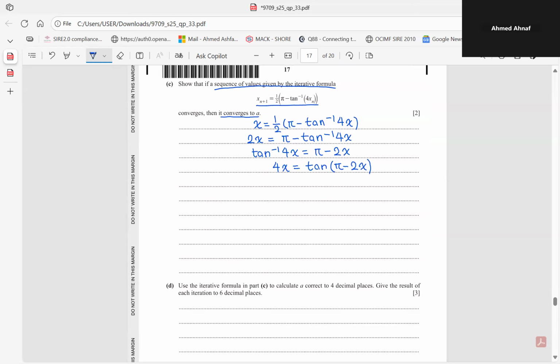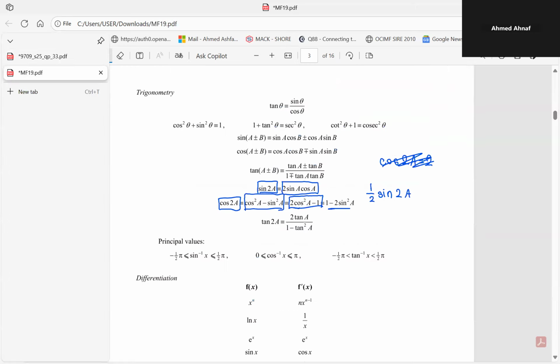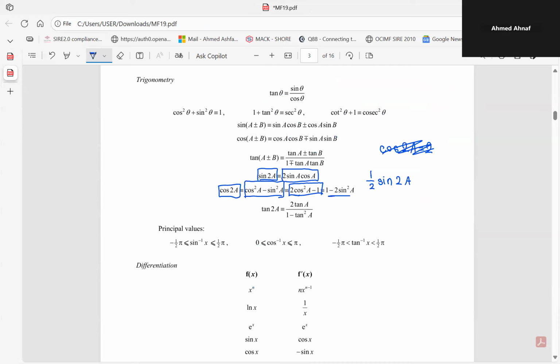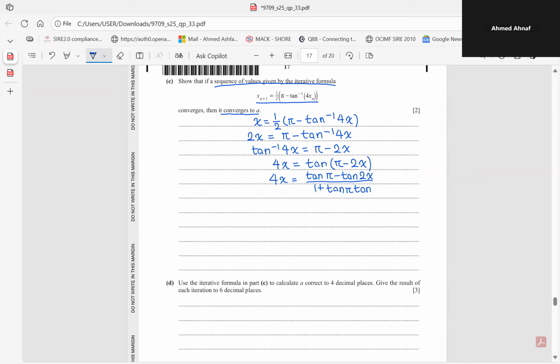All right, so for this, to simplify, you can use the tangent subtraction formula. So tangent of A minus B is equal to tangent A minus tangent B over 1 plus tangent A tangent B. So this is tangent pi minus tangent 2x over 1 plus tangent pi tangent 2x.